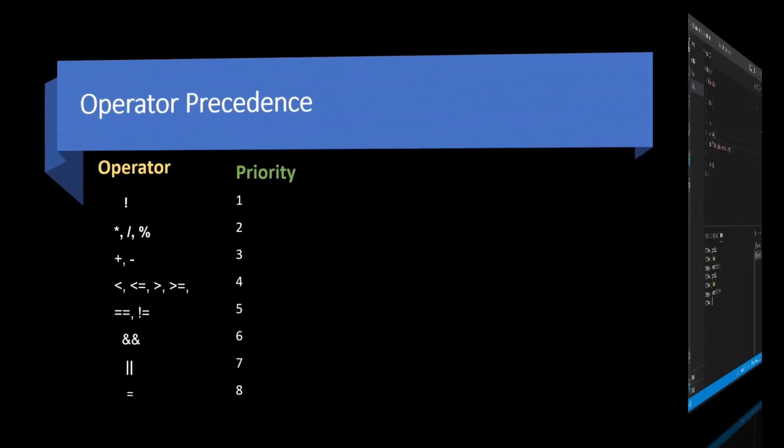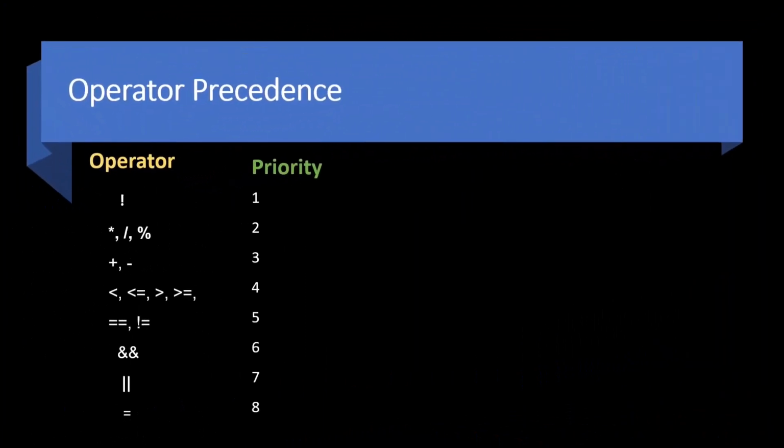Now let's talk about the operator precedence of all the operators that we use. First of all, you can see the not operator has high priority, and after that multiplication, division and modulus have the second highest priority, and then it moves downward.